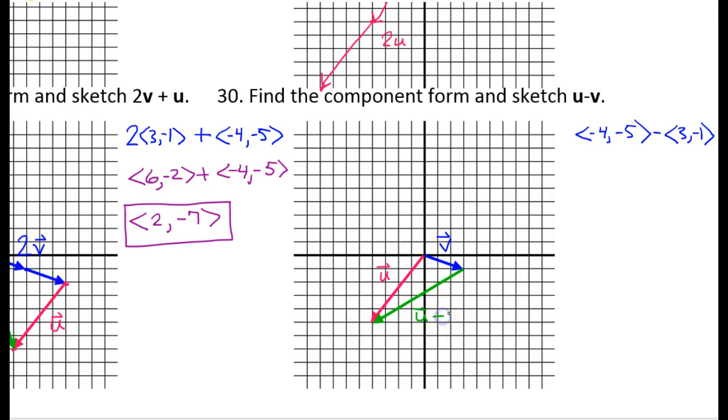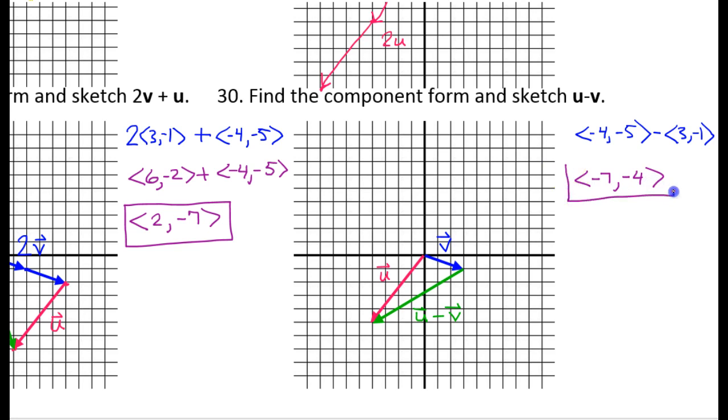U minus v. So now let's take a look at the algebraic method, where we will simply do negative 4 minus 3, which is negative 7. Negative 5 minus negative 1 is really negative 5 plus 1, so that should be negative 4.